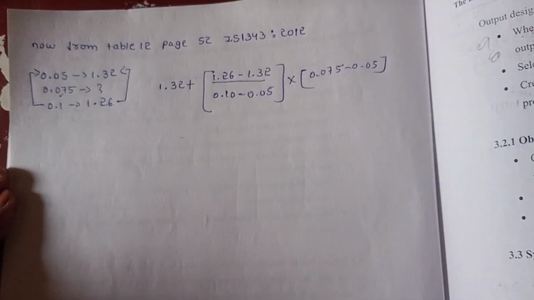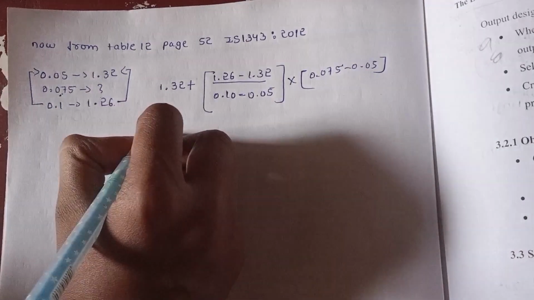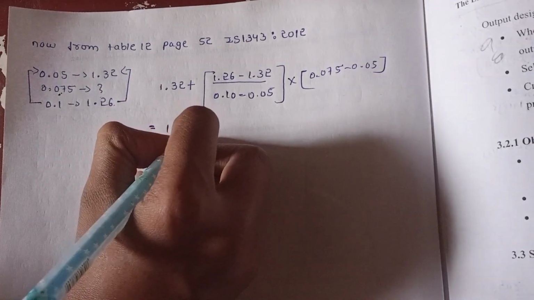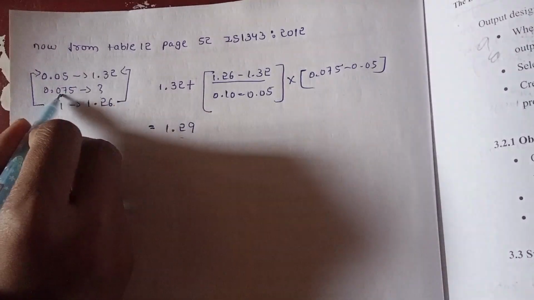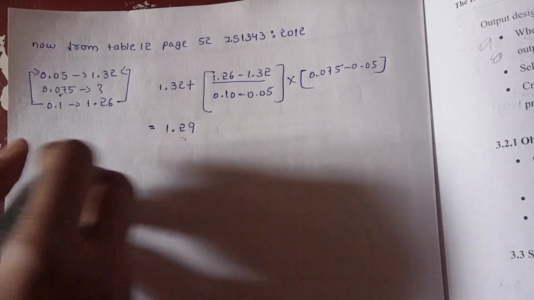Now we got the answer as 1.29. So the 0.075 corresponding value is 1.29.